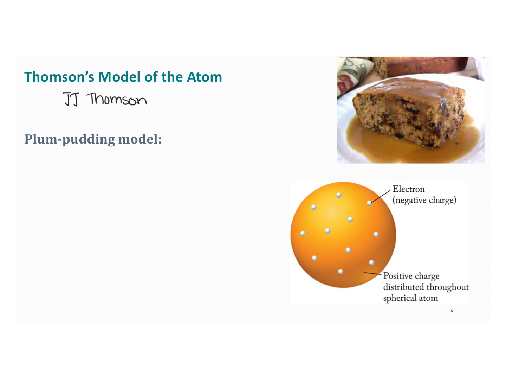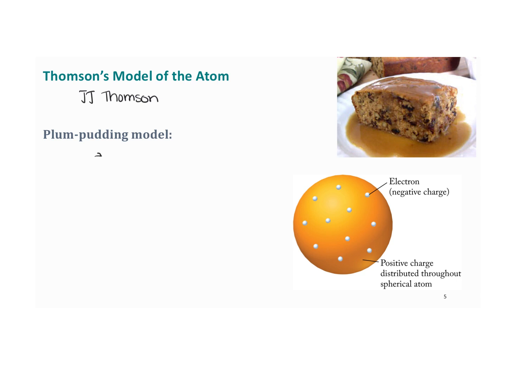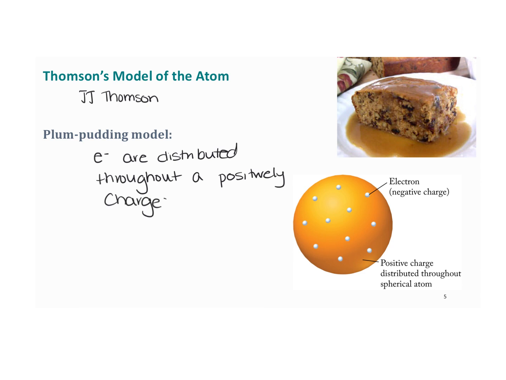He discovered those electrons using a cathode ray tube, but he wasn't really sure where the electron fit into the structure of the atom. So he proposed a plum pudding model of the atom, which said, hey, look, electrons are distributed throughout a positively charged sphere.